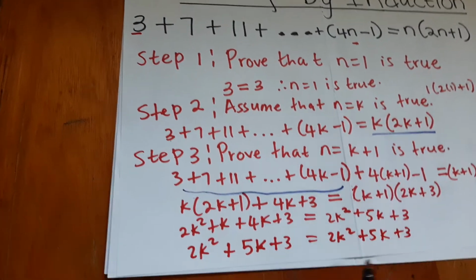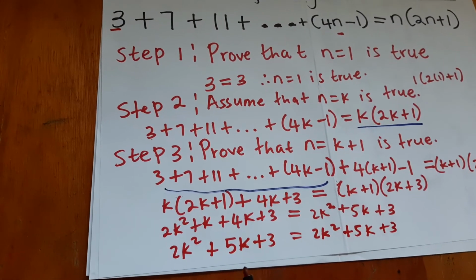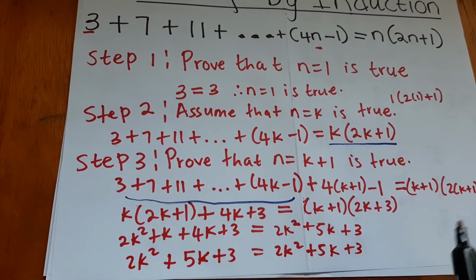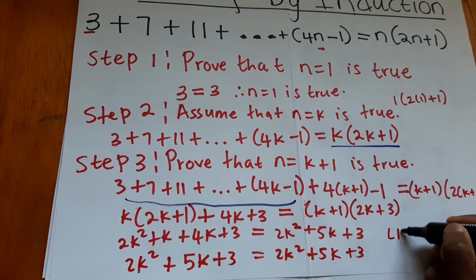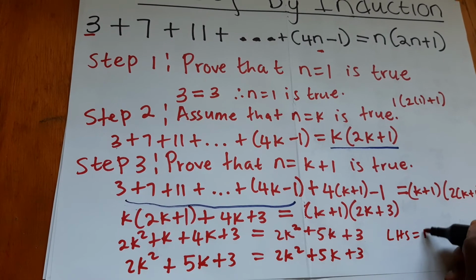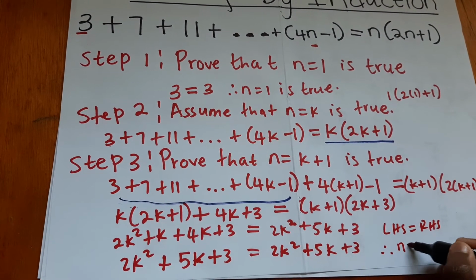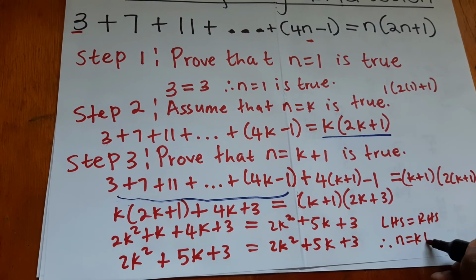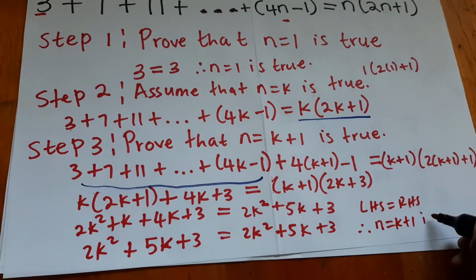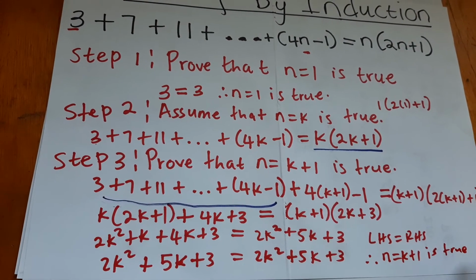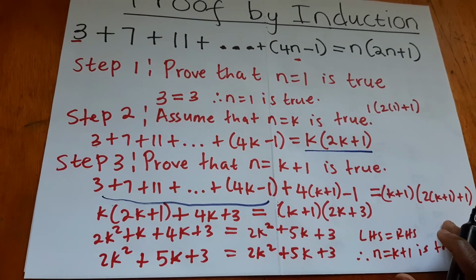Now, our left hand side is 2k squared plus 5k plus 3, and our right hand side is 2k squared plus 5k plus 3. So our left hand side is equal to the right hand side. Therefore, n is equal to k plus 1 is true.